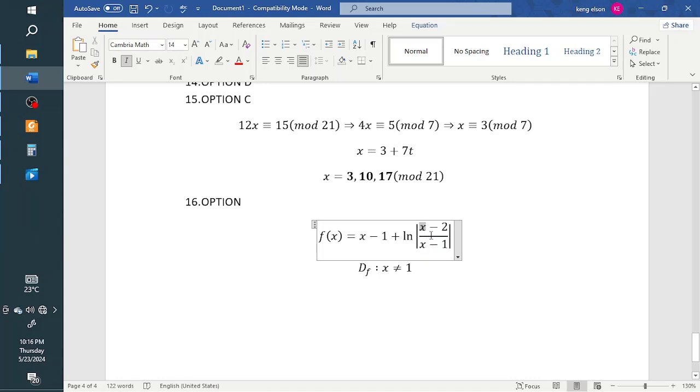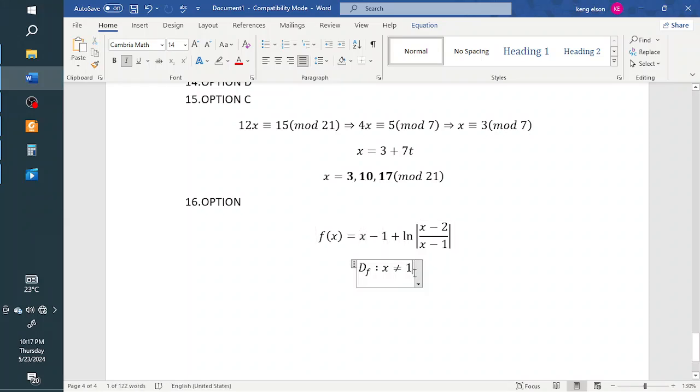The ln of 1 will give you 0, and at the end of the day, the limit at plus or minus infinity will just be the same as the limit of x minus 1 at plus or minus infinity, which will give you plus or minus infinity. At plus infinity, it is plus infinity because this 1 is negligible. At minus infinity, it is also minus infinity because we are just replacing the x here with what it is tending to.